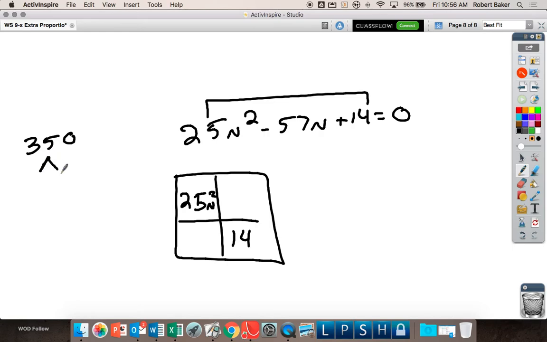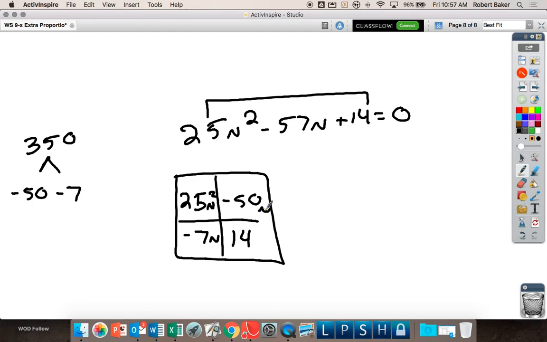So all the factors of 350 that could make negative 57. Negative 50 and negative 7. I'm going to put a negative 50n right here, and negative 7n right there. Those are both my n's. So now I have 25n squared, negative 57n, and 14, by accurately combining like terms.